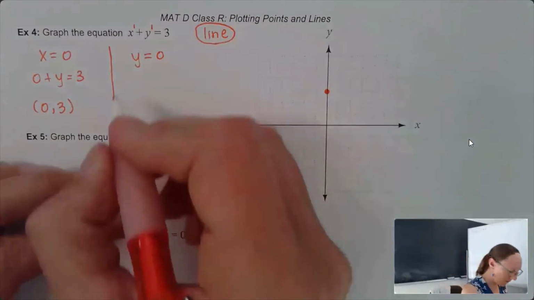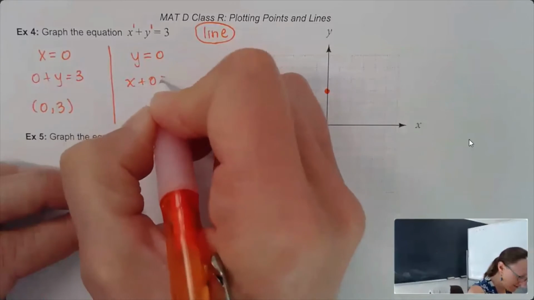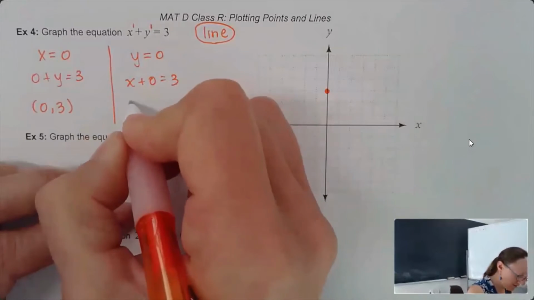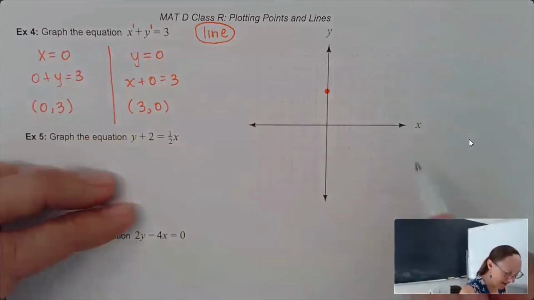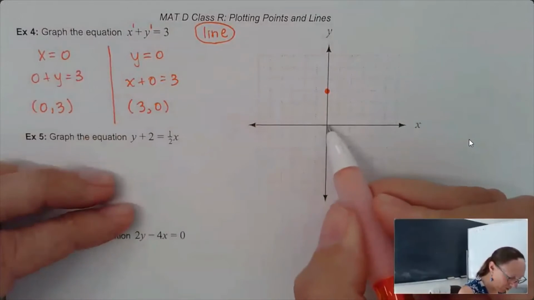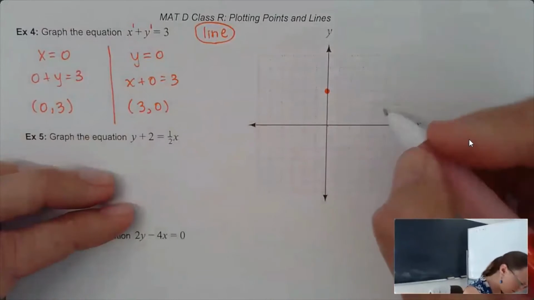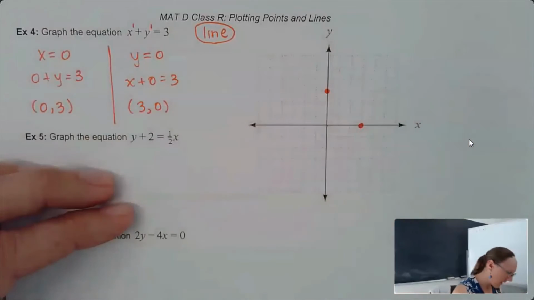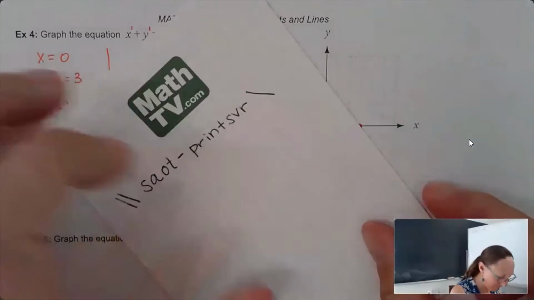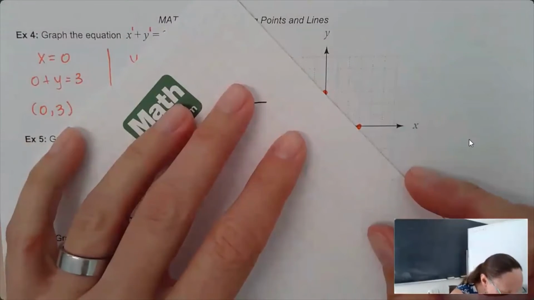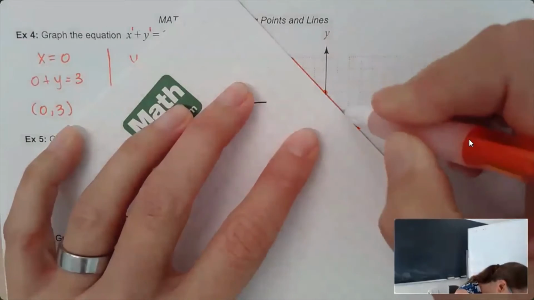And if we set y equal to 0, plugging that into the equation, we have x plus 0 is equal to 3, which means we'd have the ordered pair 3, 0. And this is telling me go over 3, 1, 2, 3, but don't change up and down. And now I'm getting myself a little straight edge here so that I can make a nice line.